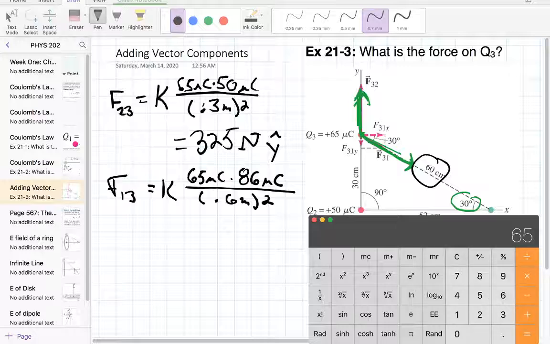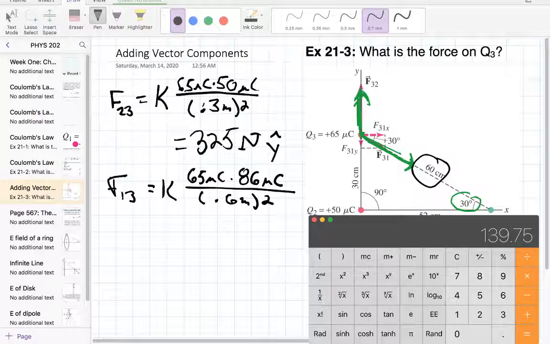I'm not used to this weird little on-screen calculator. 65 times 10 to the negative 6 times 86 times 10 to the negative 6 equals, divided by 0.6 squared equals, times 9 times 10 to the 9th equals 139.75.